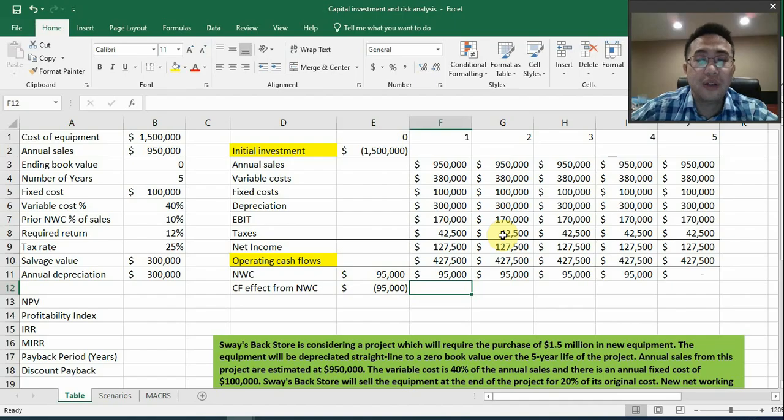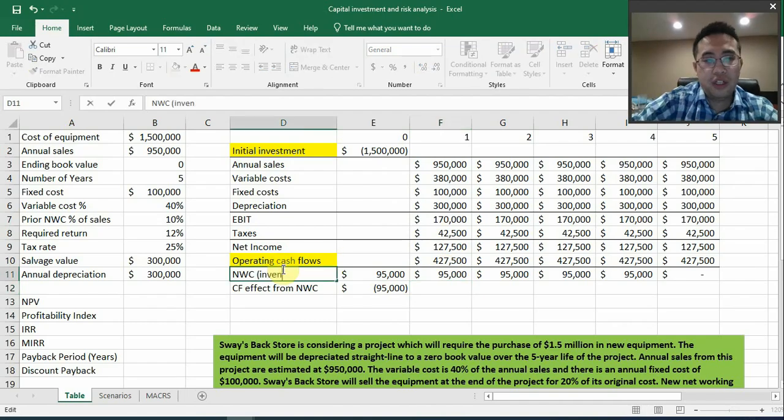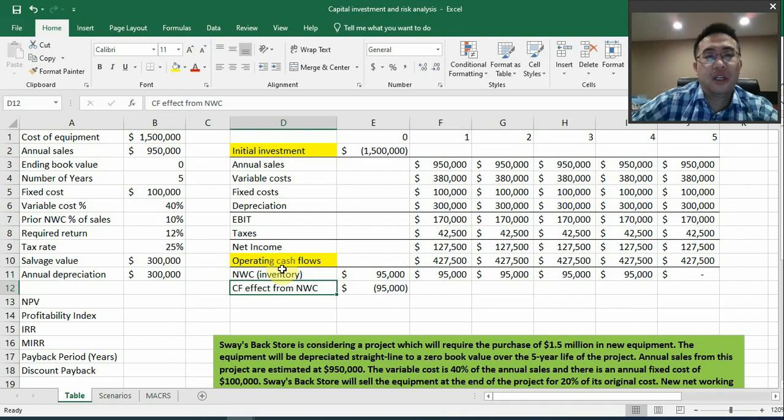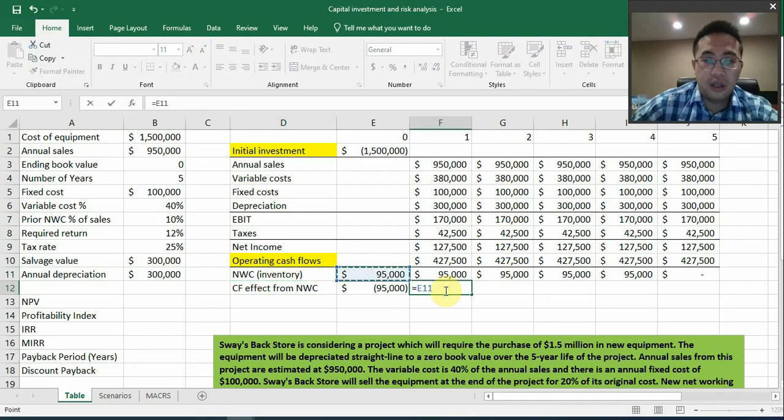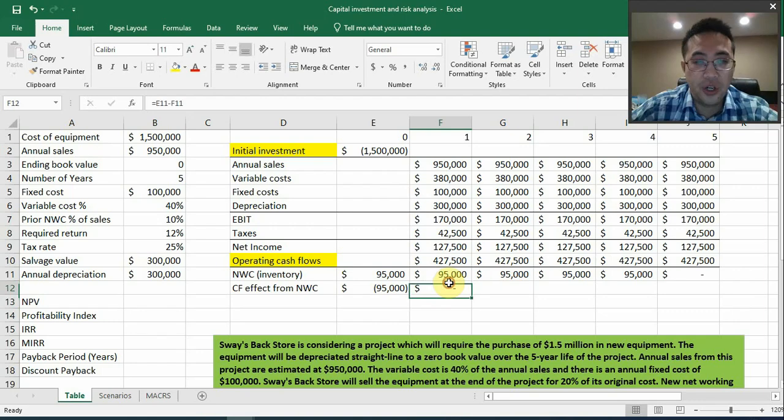And then you probably need to wonder, what about next year? Do I need to spend additional cash for the net working capital, or just use the inventory, which is more straightforward to understand? Well, the answer is no. You start with 95,000 and you end with 95,000, so there's a 0 change from net working capital.